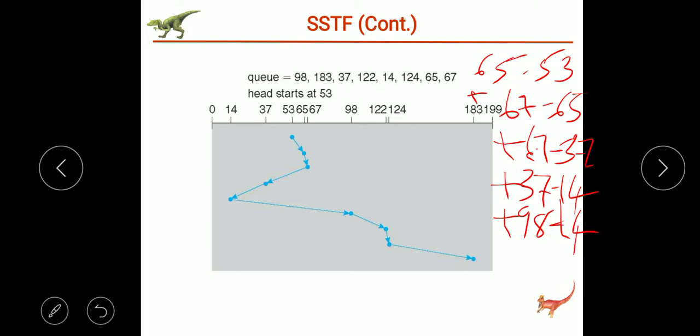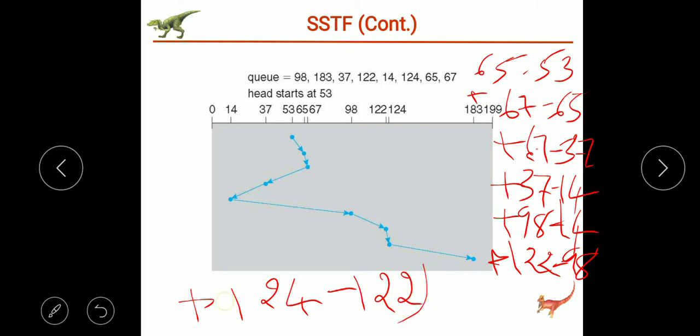Always take the bigger number first, don't take the smaller number first. Then 122 minus 98, plus 124 minus 122, plus 183 minus 124.